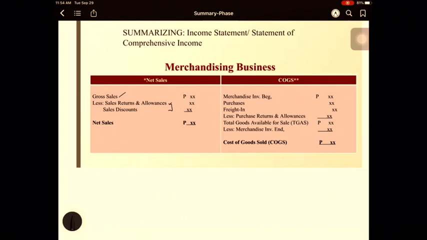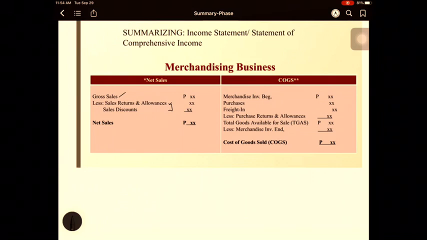The same thing is true for your sales discount. Discounts essentially are reductions in the amount of the sales that we were able to have in a particular transaction.